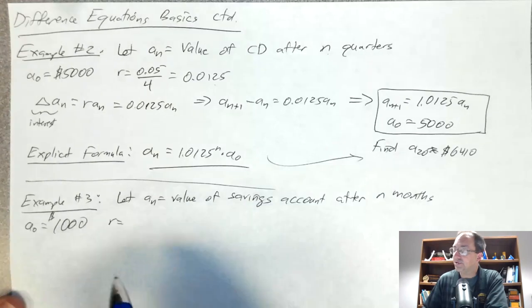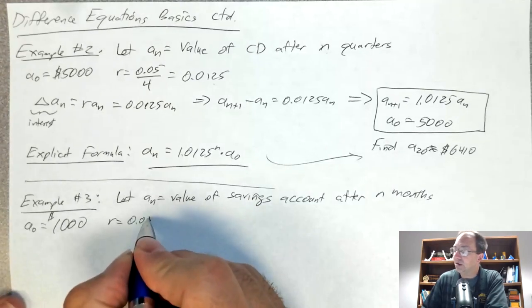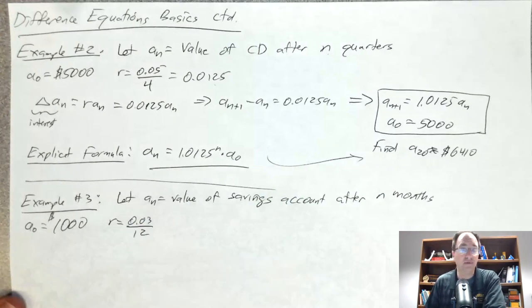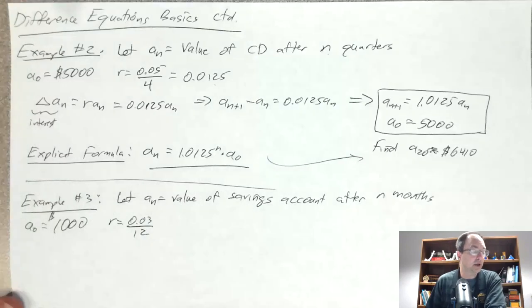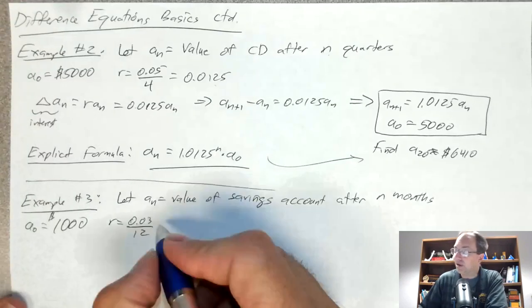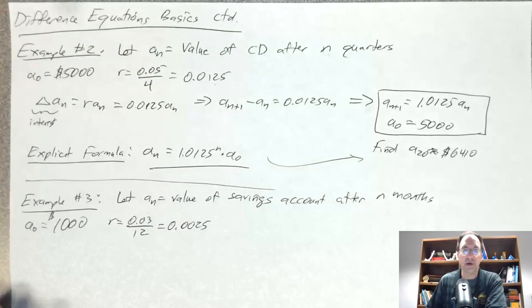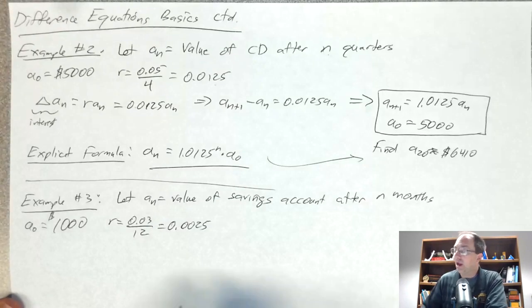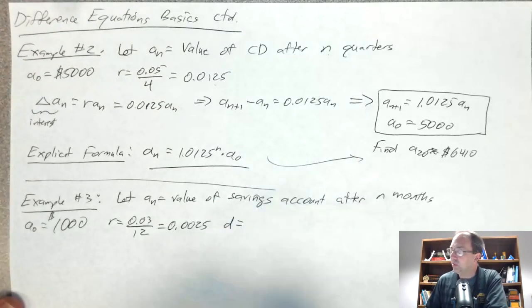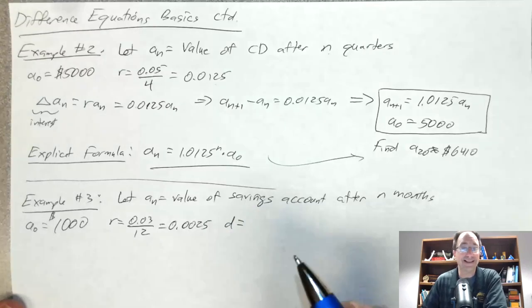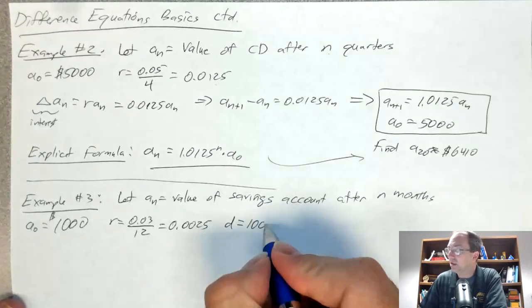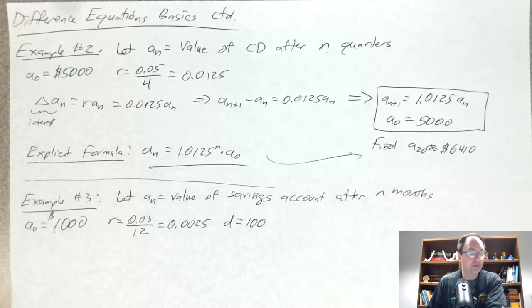In this case, our interest rate is only 3%, but I'm dividing that by 12 because there are 12 months in a year. And so that works out to 0.0025 for a monthly interest rate. And then we also have one more thing to keep in mind. We'll just call it D, the monthly deposit, which is $100.